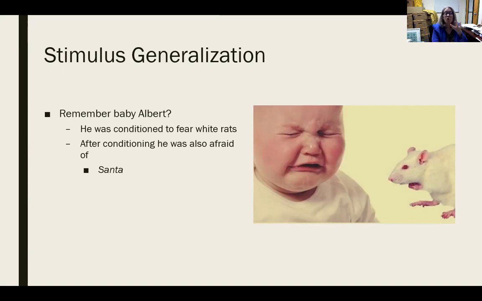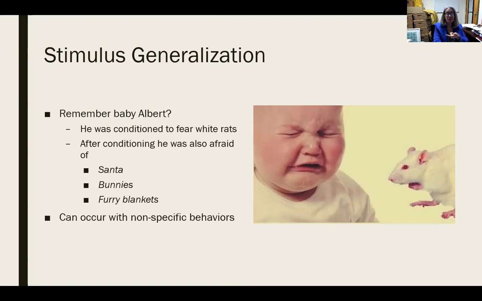That white beard was similar enough to the white rat that Little Albert generalized the fear from the white rats to also white beards like Santa, to white bunnies, and even to furry white blankets. So you can see how that stimulus generalization works: things that are similar to the conditioned stimulus still get that conditioned response.